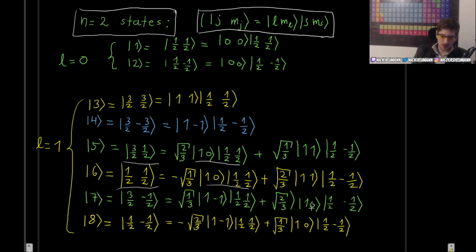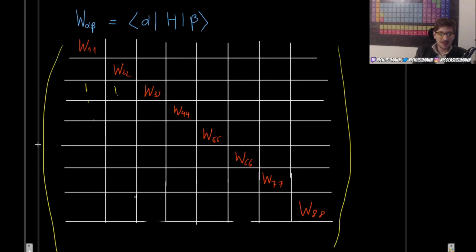And similarly for the other two halves. So these are the only ones. So 5 and 6 and 6 and 5, of course. So W56 and W65, as well as W78 and W87 will be the only off-diagonal elements that will not be 0.